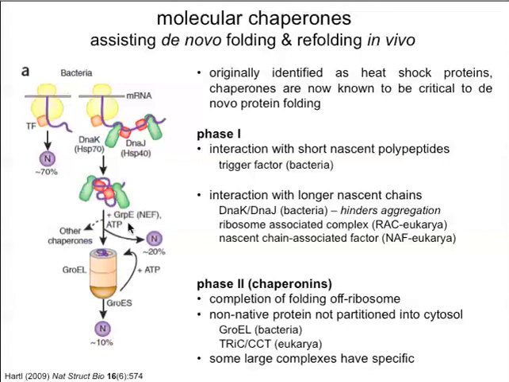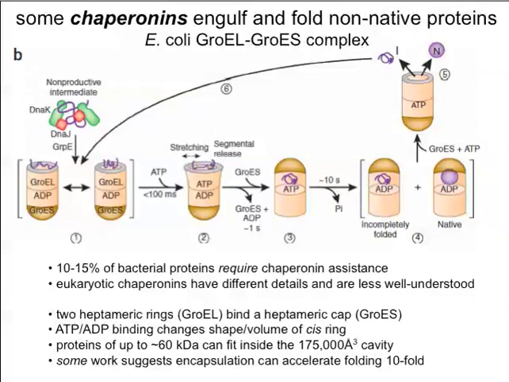There is other evidence to suggest that GroEL actually allows proteins to fold inside an internal cavity. Both situations have been observed, and you can easily understand how both prevent the formation of folding incompetent structures. But they're different mechanisms. So let's look closer at the chaperonins.